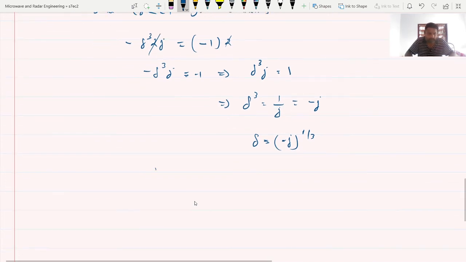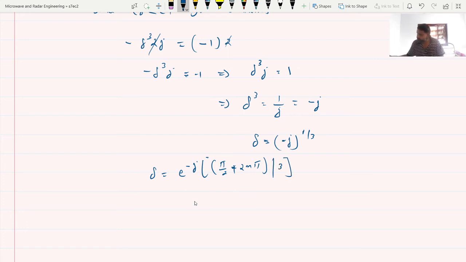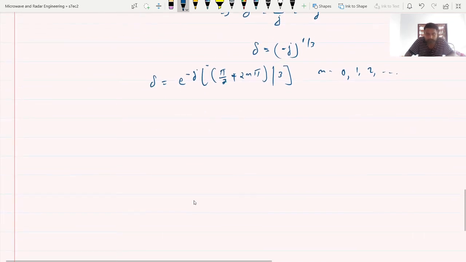So we can write delta in this form, that is e raised to minus j (pi by 2 plus 2n pi) by 3, where n equal to 0, 1, 2, etc. Here pi by 2 is nothing but a phase shift.